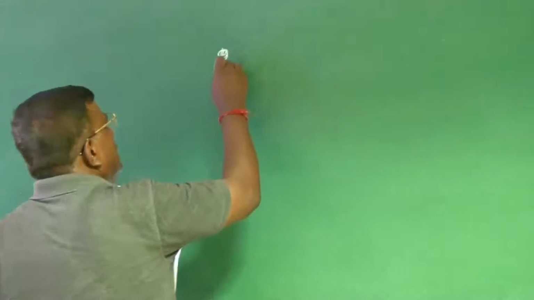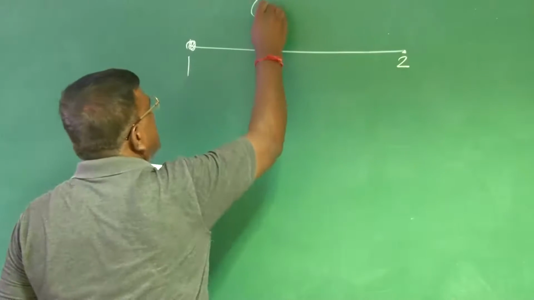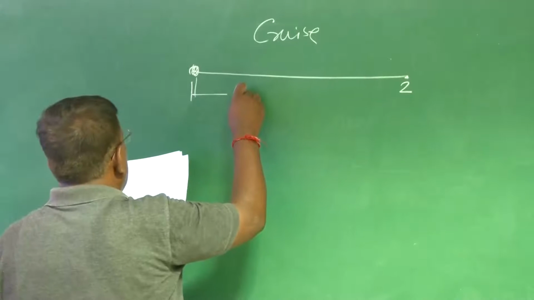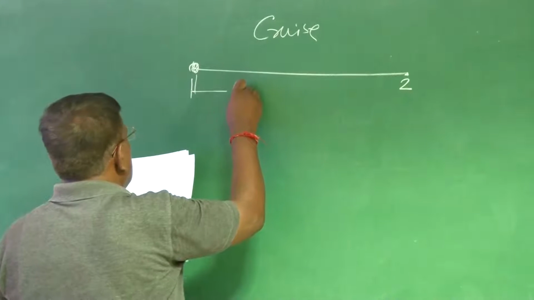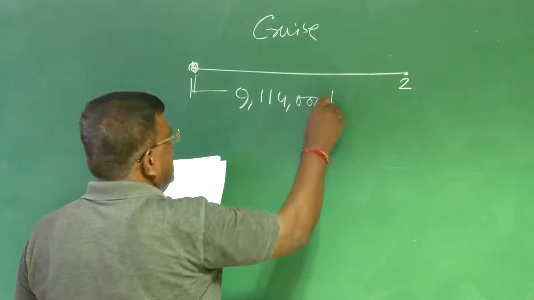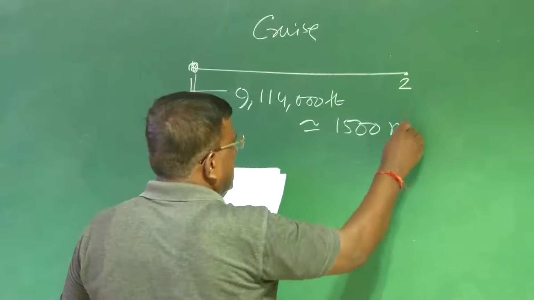For example, this is station 1 to station 2, which I call a cruise. And let's say this is around 911,400 feet, which is roughly equal to 1500 nautical miles.